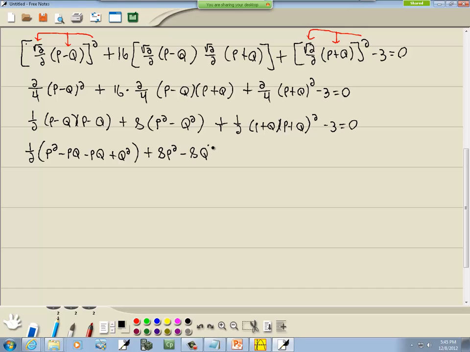I always show more steps just so you can see them if you need to. This is very simple math, actually, but there's so much of it that it's easy to screw up somewhere. P times p is p squared. P times q is pq. Q times p is pq, and q times q is q squared. Minus 3 equals 0.